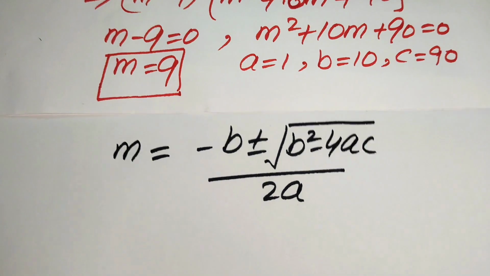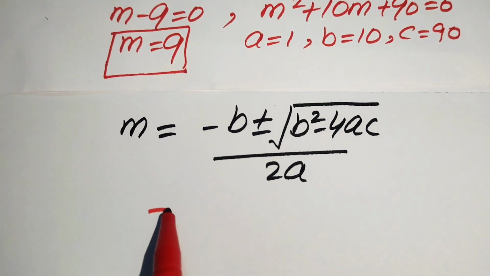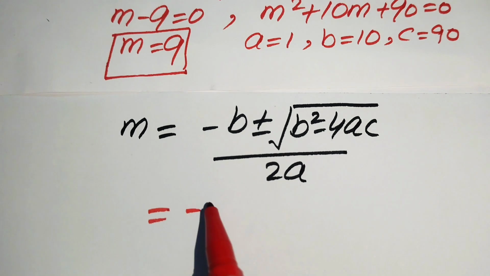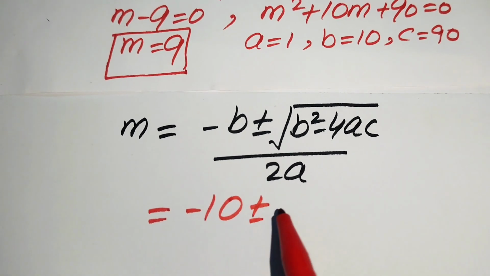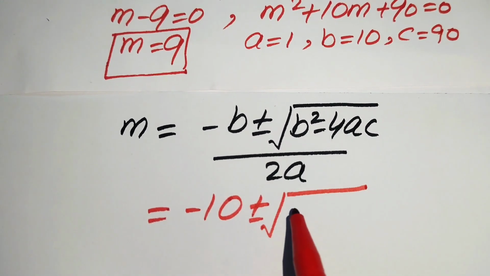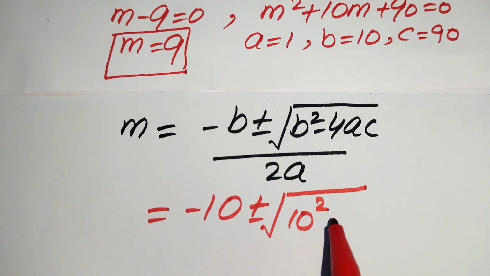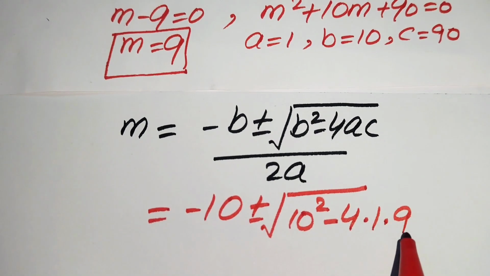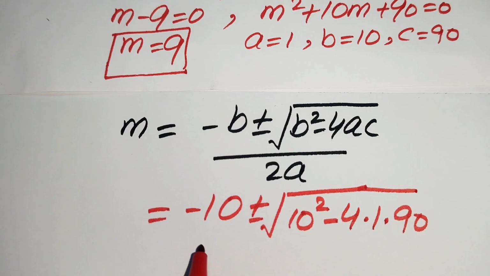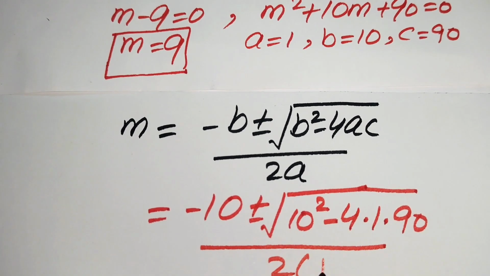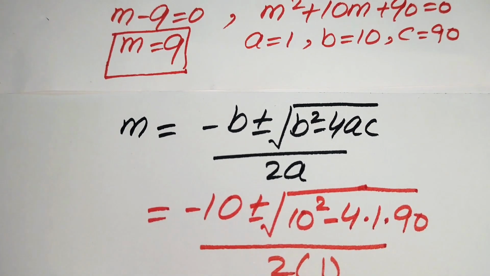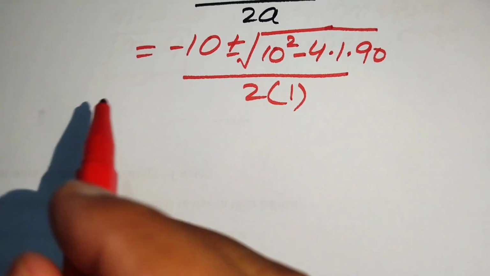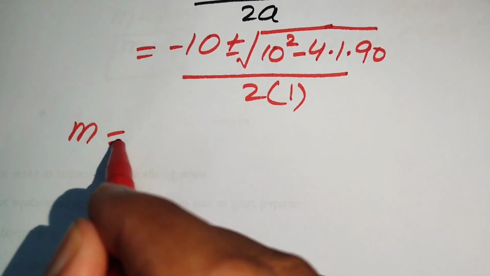So here we first substitute the value of b, which is 10. This becomes minus 10 plus minus square root of b square, so 10 square, minus 4 times a, which is 1, and c, which is 90, and this whole is divided by 2 times a, and the value of a is 1. So now we need more simplification here.